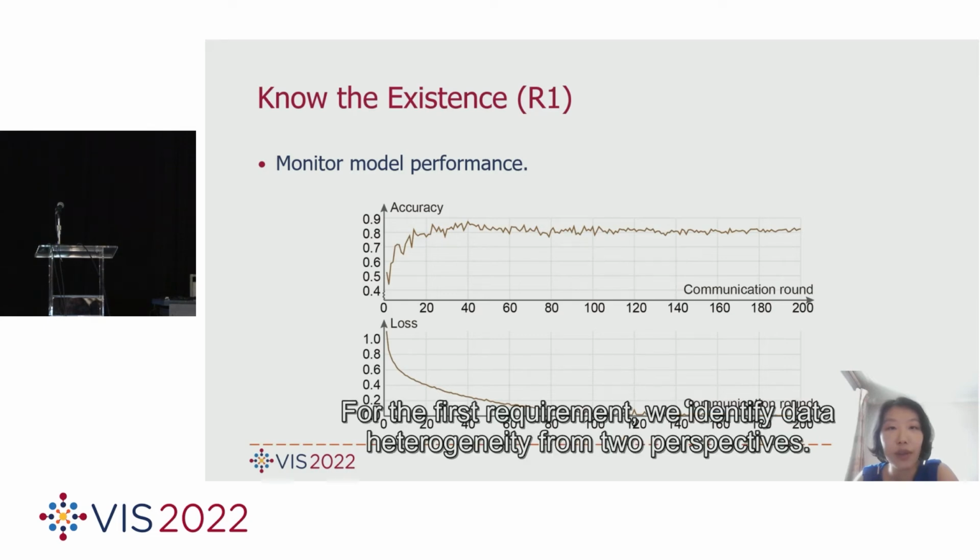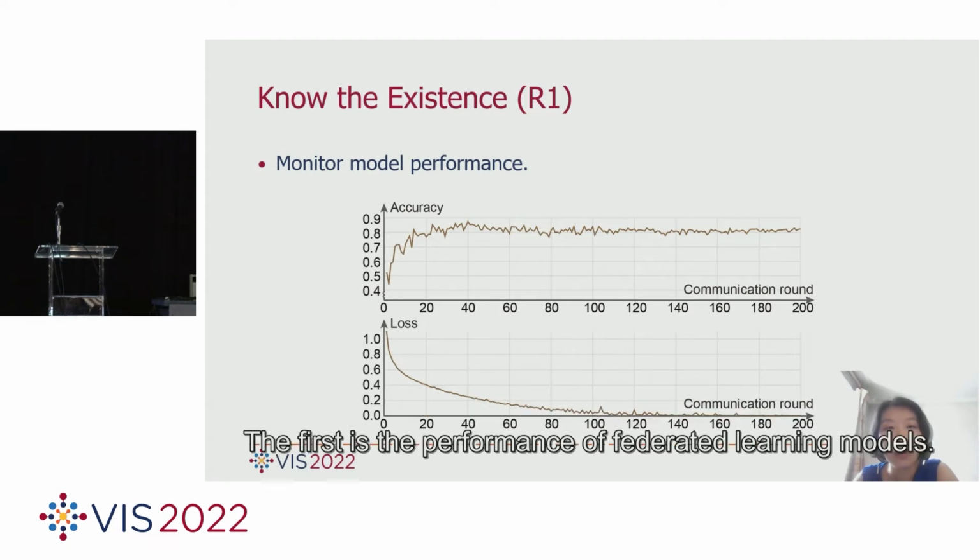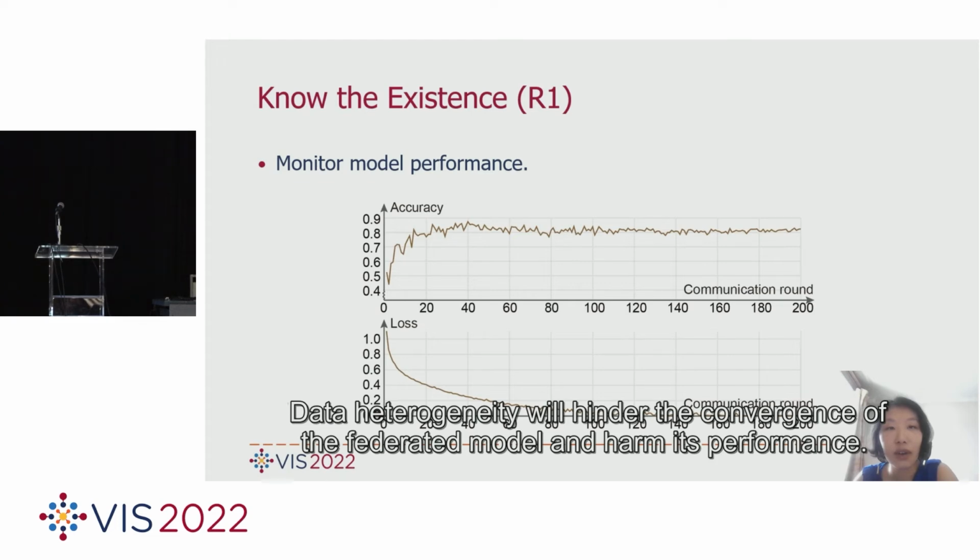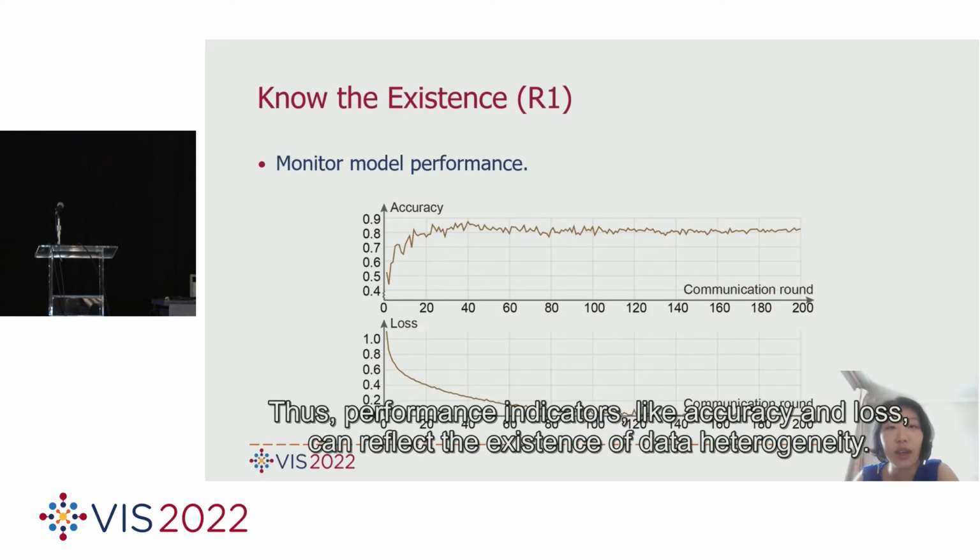For the first requirement, we identify data heterogeneity from 2 perspectives. The first is the performance of federated learning models. Data heterogeneity will hinder the convergence of the federated model and harm its performance. Thus, performance indicators like accuracy and loss can reflect the existence of data heterogeneity.